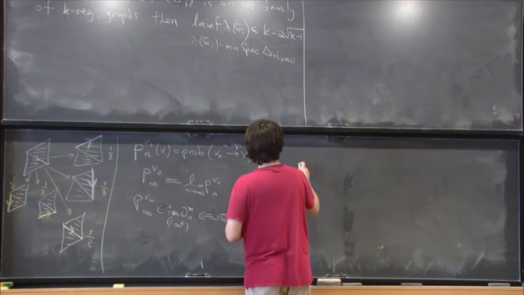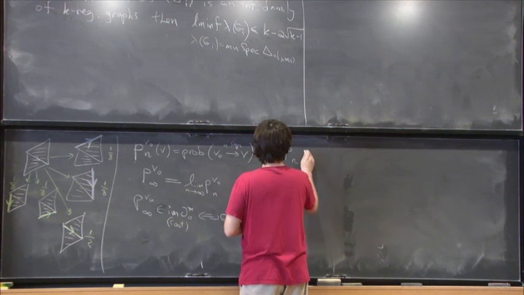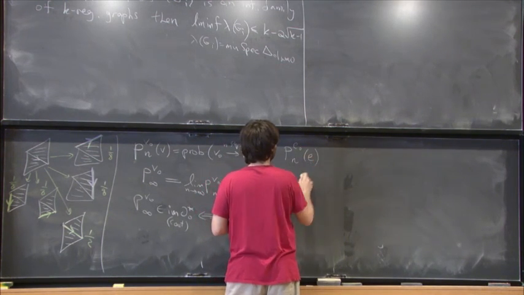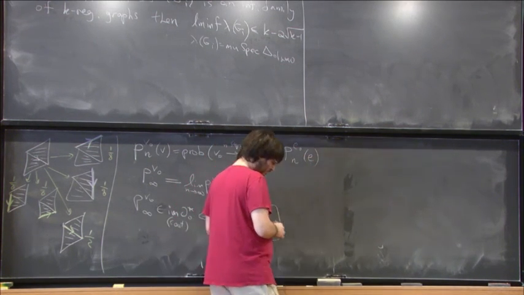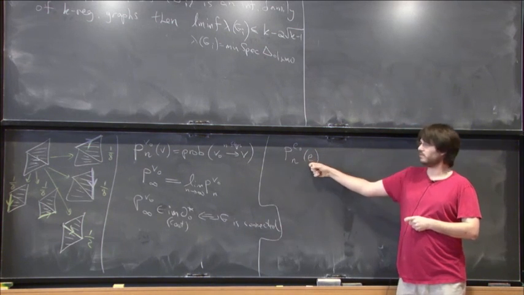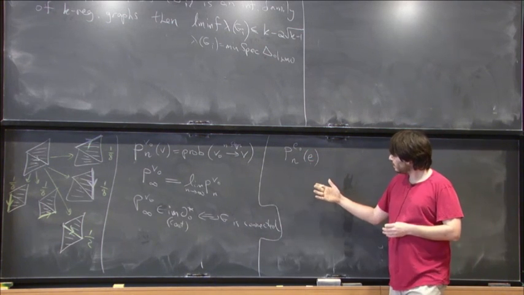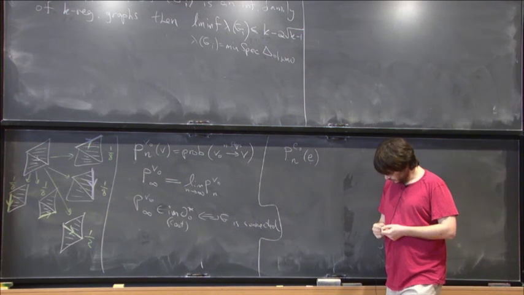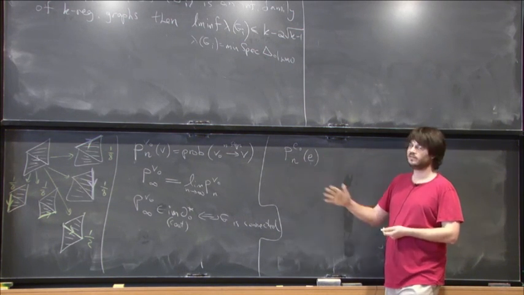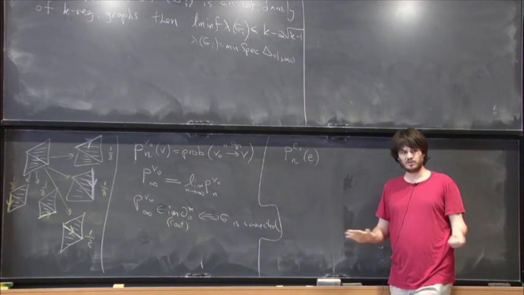So let's look at the probability going from some edge. This is the probability of starting from some directed edge and in n steps going to a different edge. This will give me some function on all the directed edges. But I don't know how to work with functions.